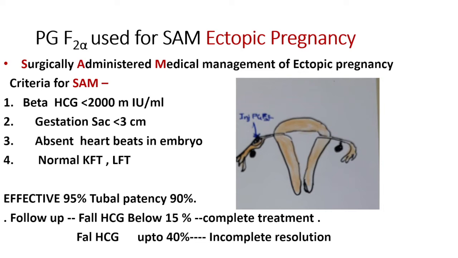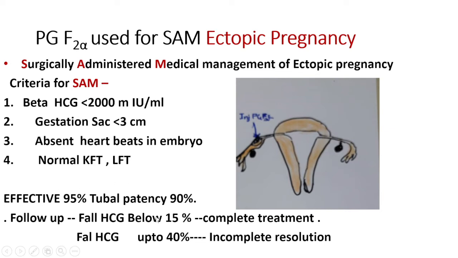This SAM treatment is effective in 95% of cases where the criteria are fulfilled and tubal patency is observed in the postoperative period in 90% of the cases. Thus, it is one of the methods of conservative management of ectopic pregnancy. In all these cases, follow-up is done by estimating the beta HCG levels.